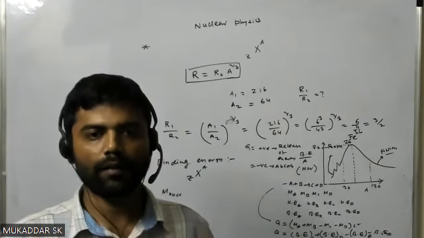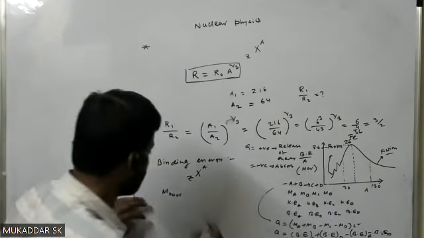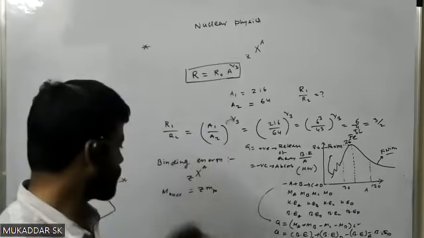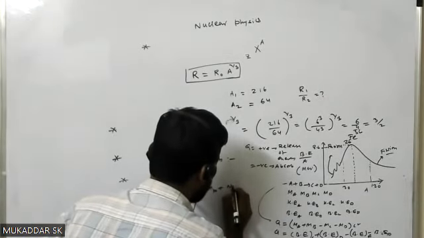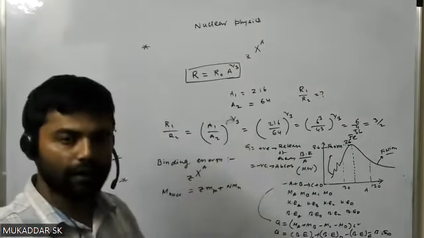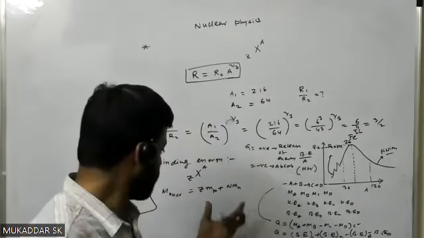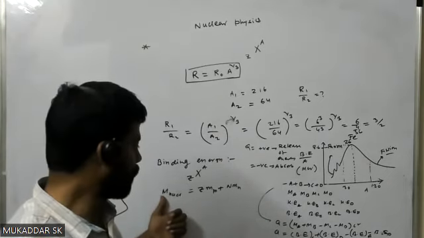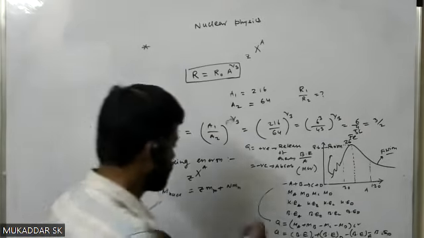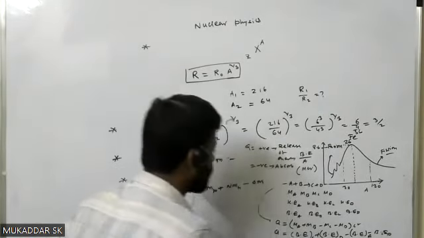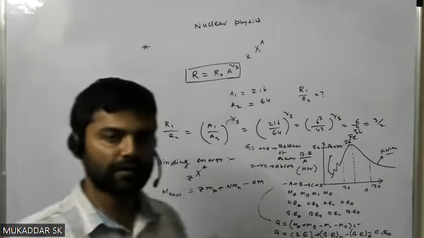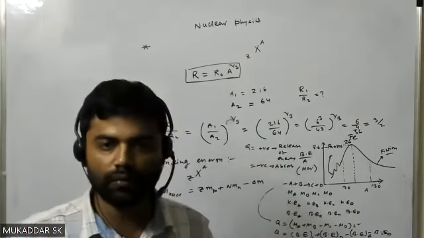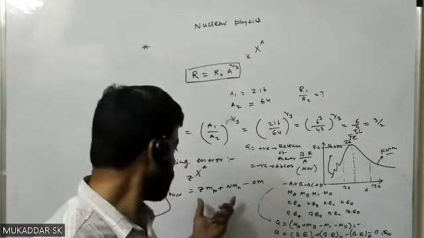So what you are expecting is that the mass of the nucleus should be the sum of the masses of its constituents: Z times mp plus the sum of the mass of the neutrons. This is known as the predicted mass. But the actual mass M of the nucleus will always be less than its composite by an amount delta M. So for any stable nucleus, if you measure the mass, the actual mass will be smaller than its composite mass by an amount delta M.